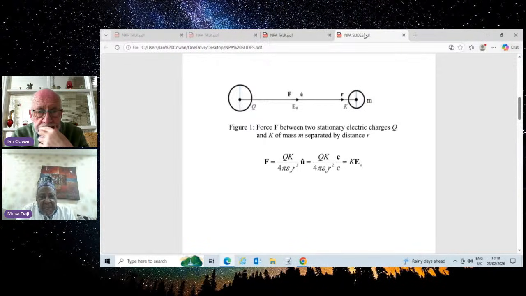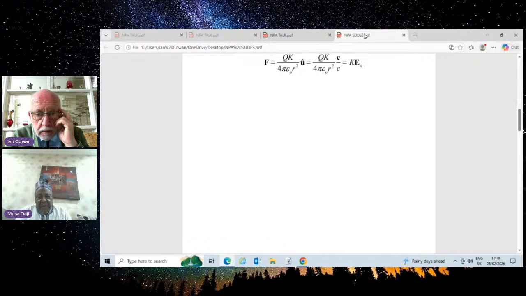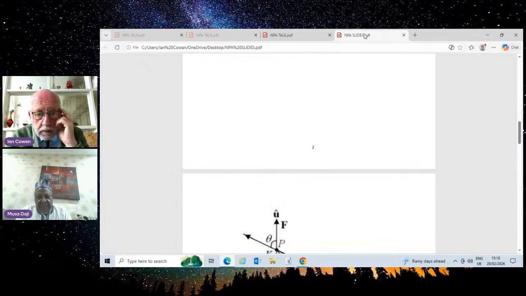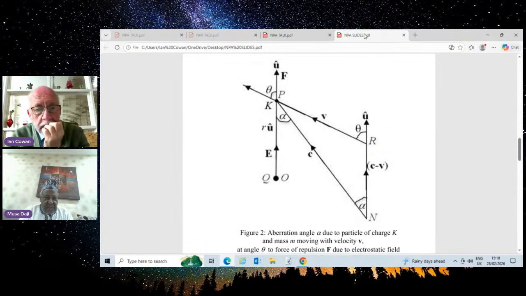The expression here gives Coulomb's law between two charged particles, Q and Q, separated by a distance R in space. We go to the next.